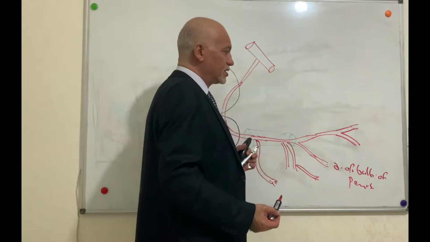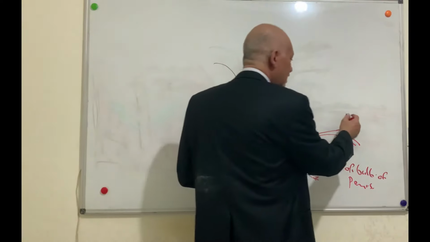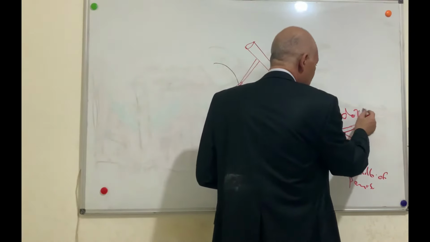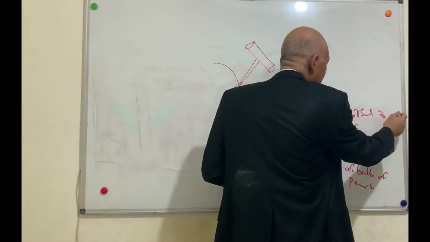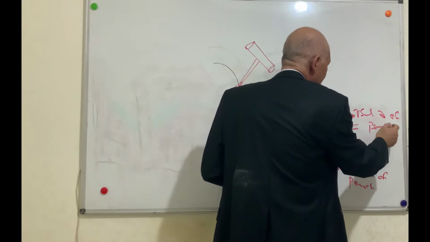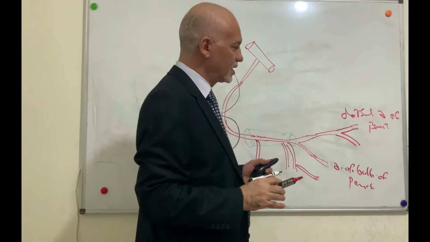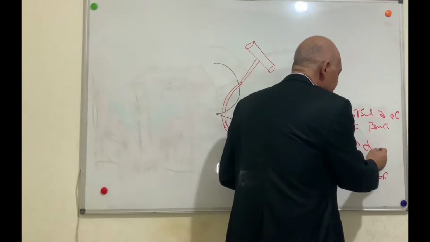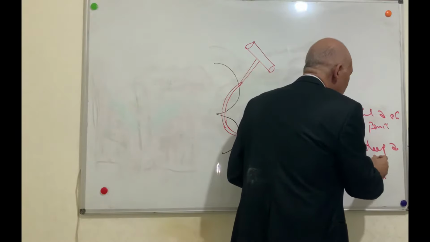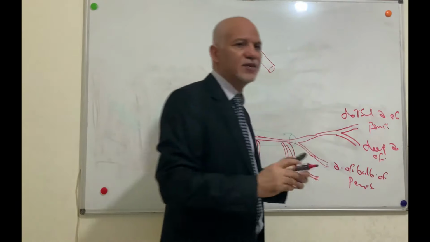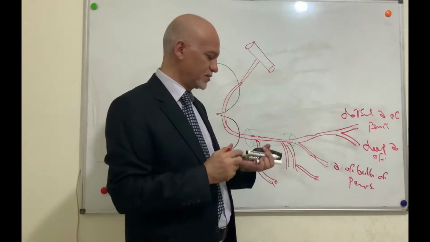Then it gives terminal branches: the dorsal artery of the penis in the male, but in the female the dorsal artery of the clitoris, and the deep artery of the penis, in the female the deep artery of the clitoris.